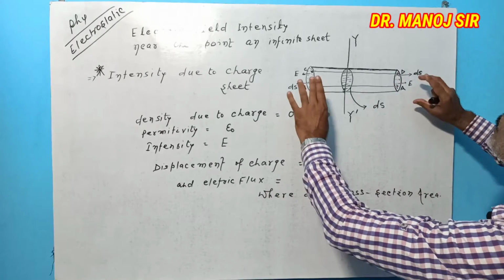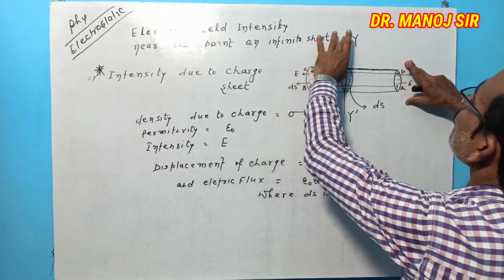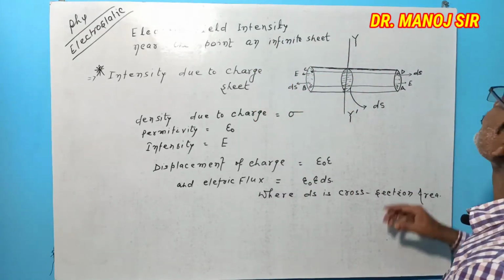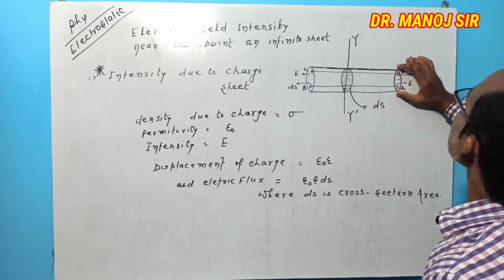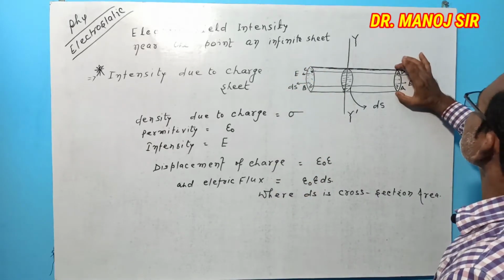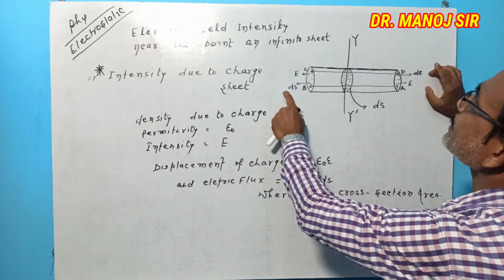Here the cylinder is present on the y dash plane sheet, which at both ends has cross section area ds and ds.